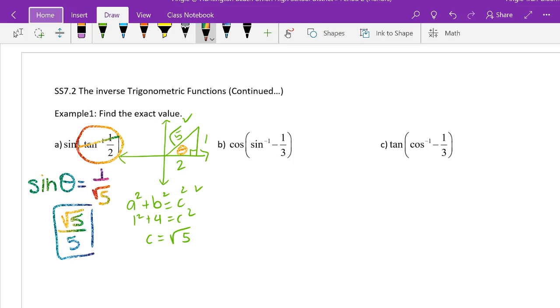Inverse cosine 1, 2. Yes. Oh, it's inverse.